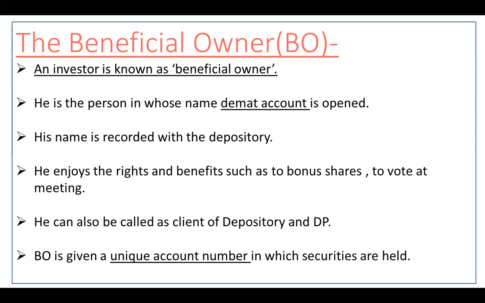He can also be called a client, because an investor is one of the clients. So, client of a depository and client of a depository participant, because both the depository and DPs give services to the particular person.